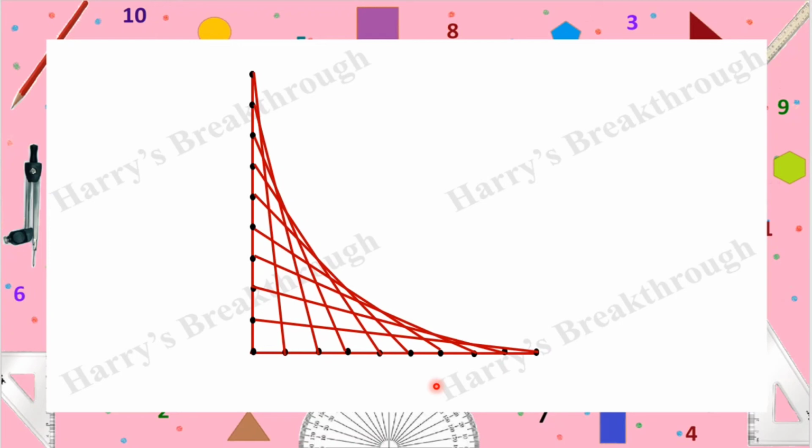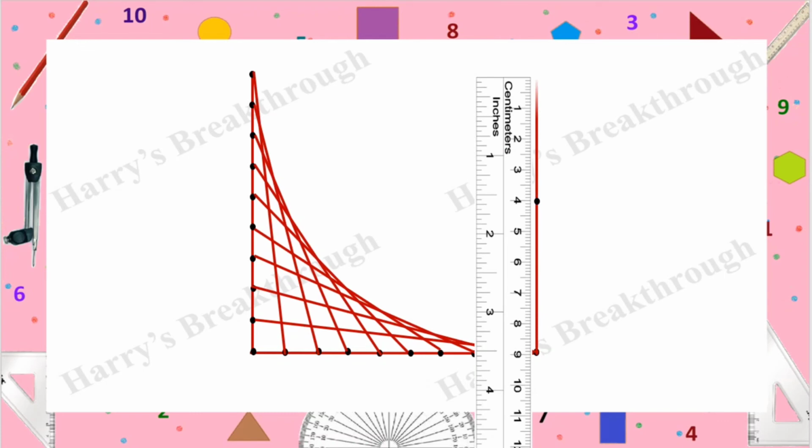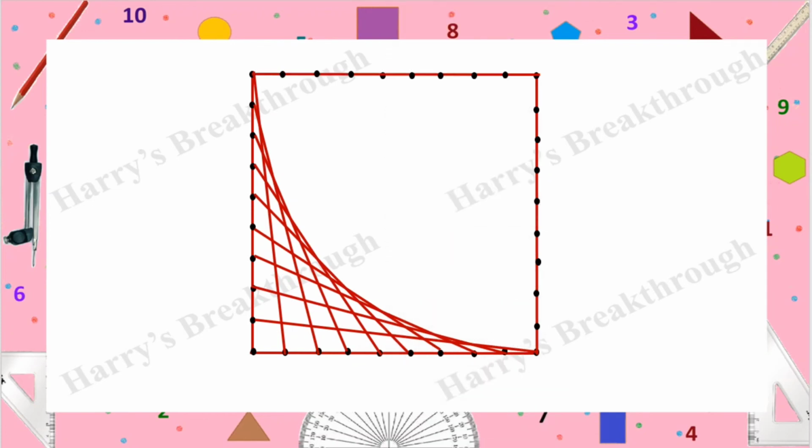Now let's extend this pattern. So for that, let's draw a square here, or let's complete the square. So place your protractor and mark 90 degrees. Then draw a line and mark points at 1 centimeter gap. Again, draw another line at 90 degrees. Then complete the square and mark points.